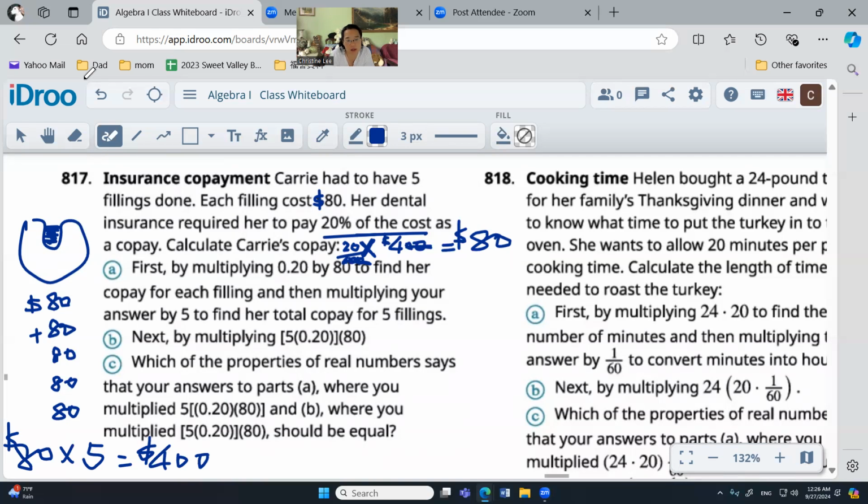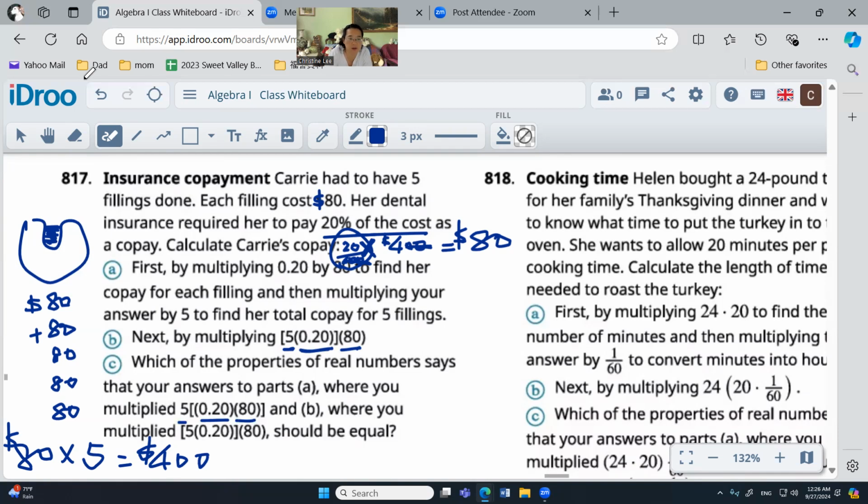Okay, what they want is, so you can do 5 times 0.2. This is 20%. 0.2 and 20%, same thing. So you can do 5 times 20% times 80. Or you can do 0.2 times 80 times 5.